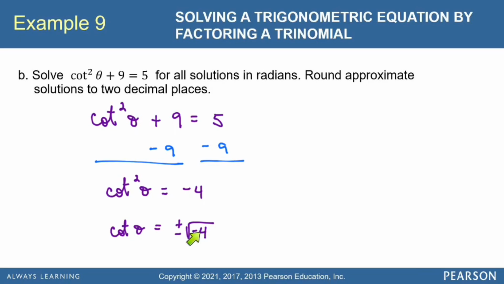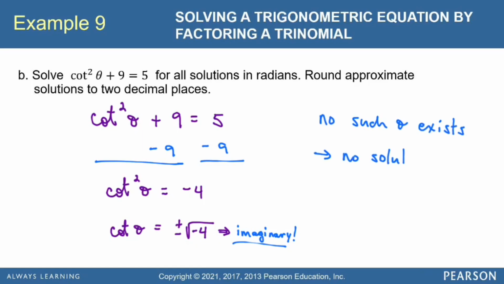Now, a negative under a radical is going to produce an imaginary number, but we know that every angle has a cotangent between negative infinity and positive infinity, so those numbers are all real. So it's not possible to find an angle that has an imaginary cotangent. Therefore, no such theta exists, and this equation has no solution, or we could say that theta equals the empty set.